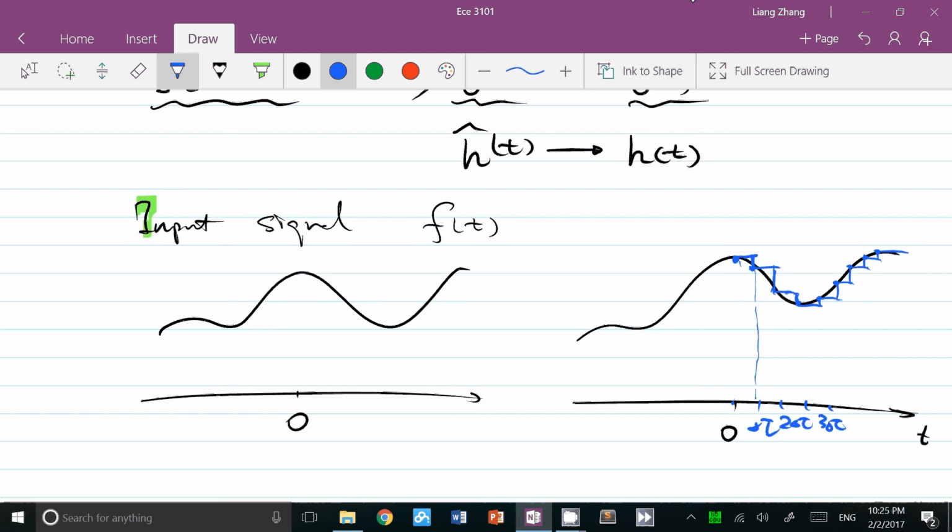So if we do this, okay, we can do this on the other side of the signal.